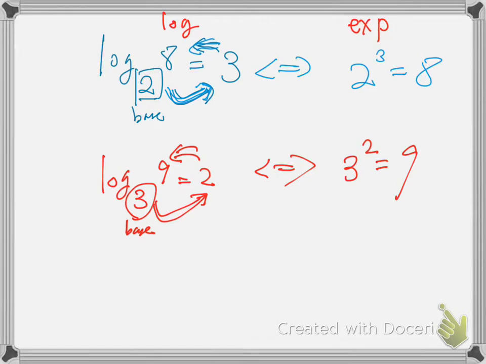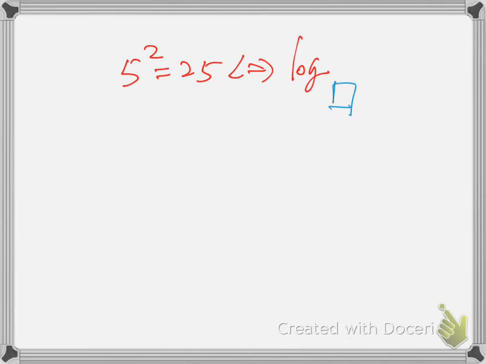Now let's try to change exponent to log. If you have 5 squared is 25, how do we get the log part? First, write down the base here.